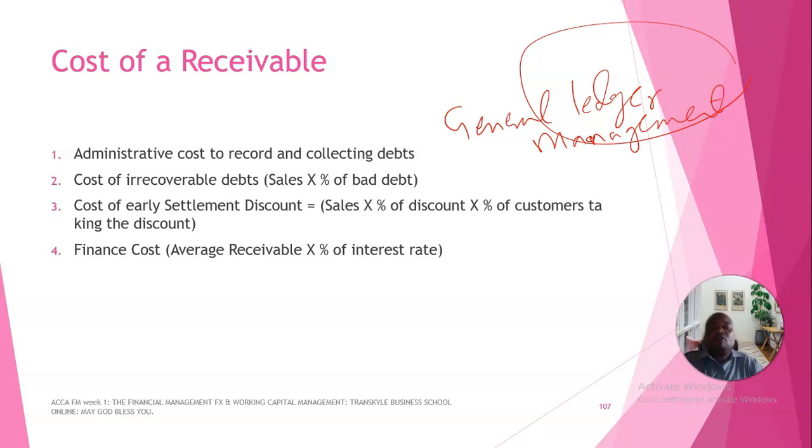It is given by the sales multiplied by the percentage of the discount multiplied by the percentage of customers who are going to take the discount. Then we have what is called the finance cost, which is the average receivables multiplied by the interest rate. Okay, the finance cost is also going to be involved.